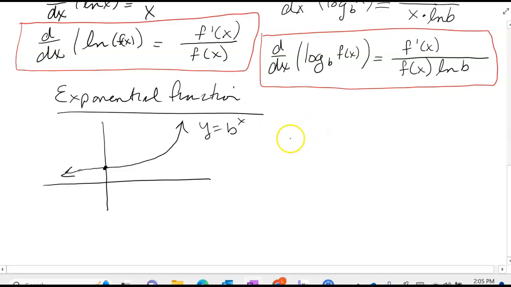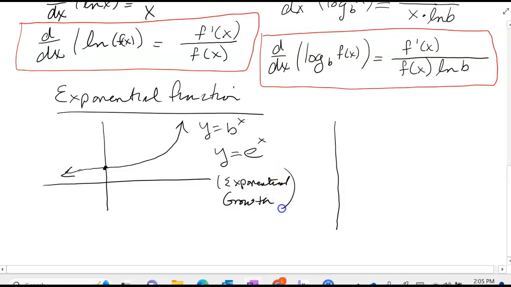And of course, if we make it the more general e to the x, we have something very popular called our exponential growth function, y equals e to the x.